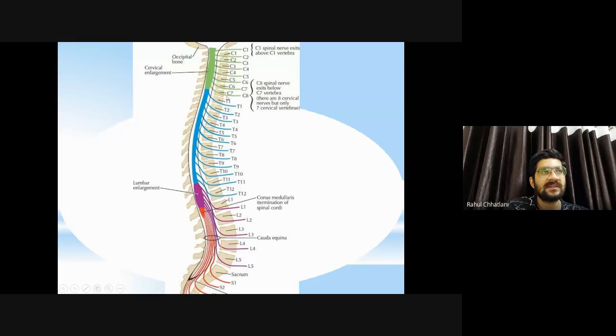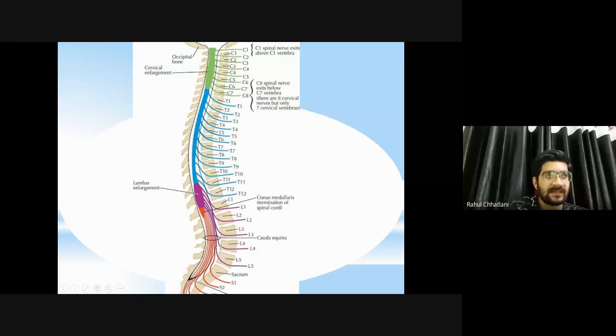So above T1, there is no nerve that exits. After this, each and every one is exiting just below its vertebra, up to T11, T12. Now here again, at L1, you can see below the L1 vertebra, everything is exiting.